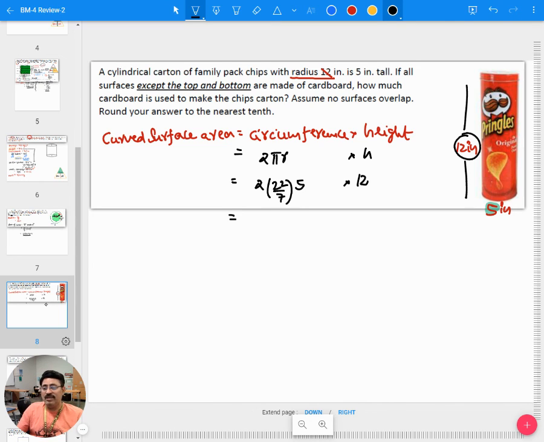That is giving me 377.14. We are computing area, therefore it is square inches. Again, all these numbers are just imaginary numbers. The actual dimensions may be different from the numbers mentioned here. It is only for discussing a problem.